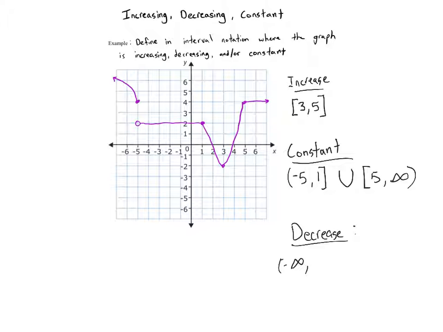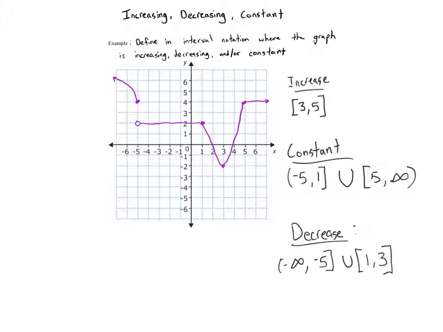Negative infinity, comma, -5, bracket or parenthesis? Union, 1, comma, 3, bracket. There we go.